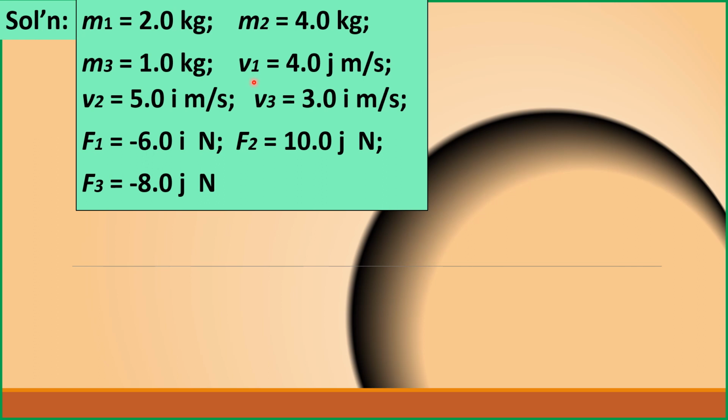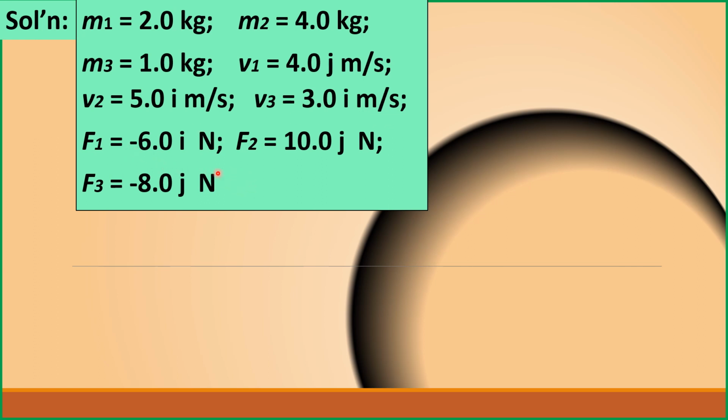The velocity of particle 1 is 4.0j meters per second. That of particle 2 is 5.0i meters per second, and for particle 3 the instantaneous velocity is 3.0i meters per second.